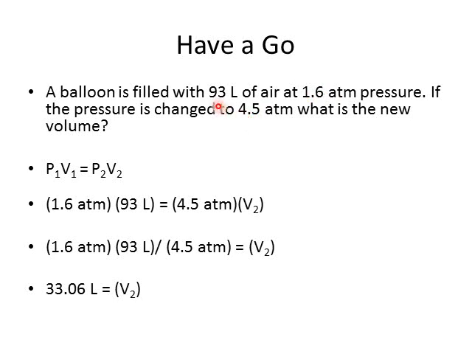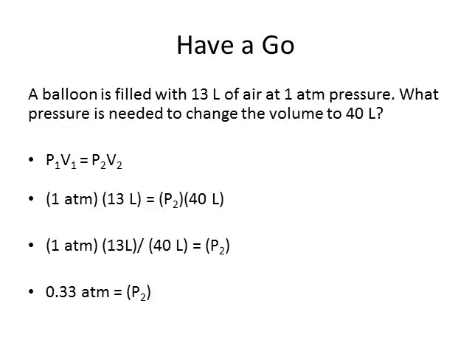Therefore, what would I expect to happen to the volume? Would I expect it to increase or decrease? Well, let's remember that when you increase the pressure, you decrease the volume. So I'm going to expect to see a smaller volume than this. I got 33.06 litres. Therefore, that's reasonable.